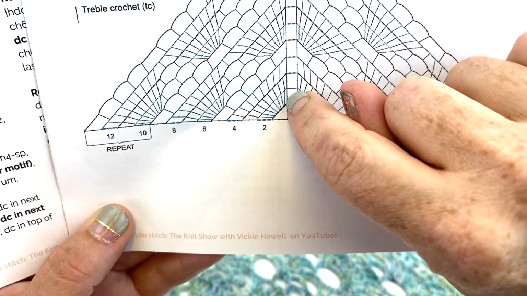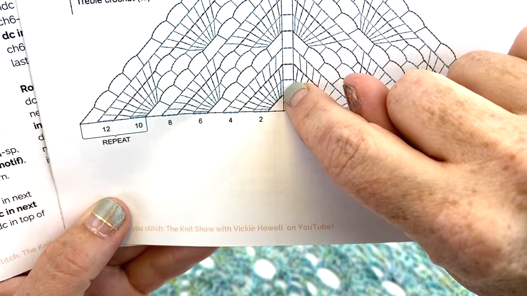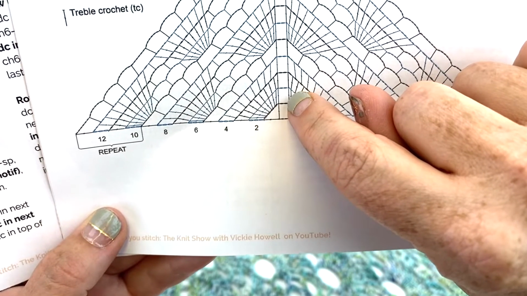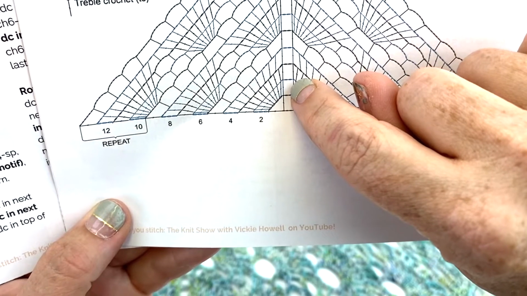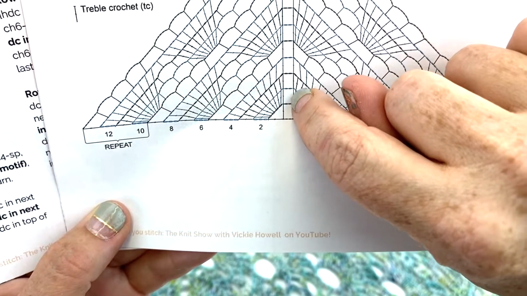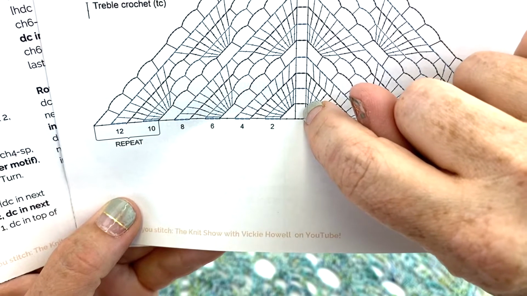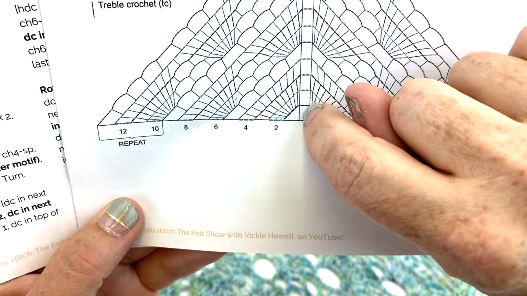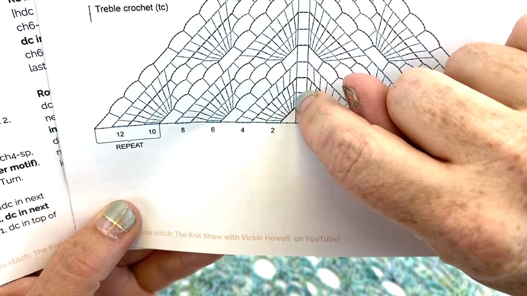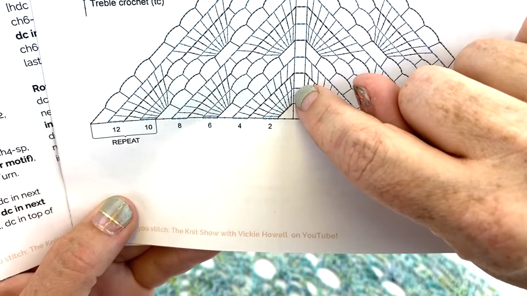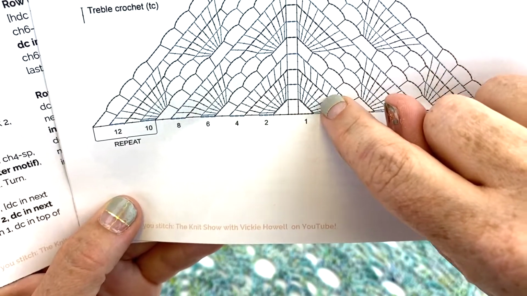And then we are going to chain 2, and then we do another double crochet in the chain. And you can see that here's that chain. You're skipping 2 chains, I forgot to say that. You're chaining 2, skipping 2, and then everything will be mirrored on the opposite side.